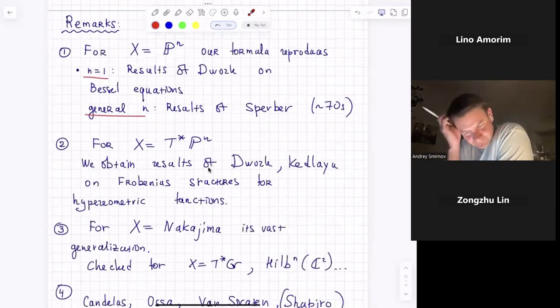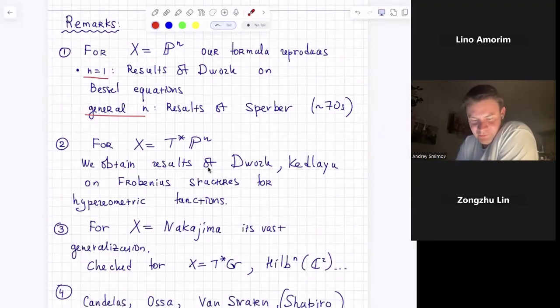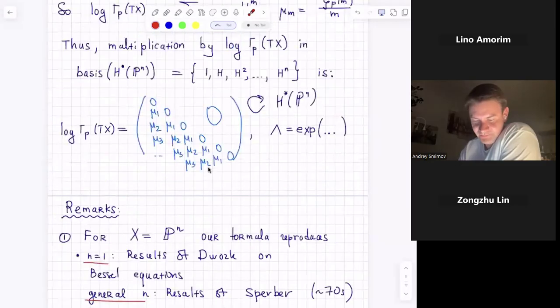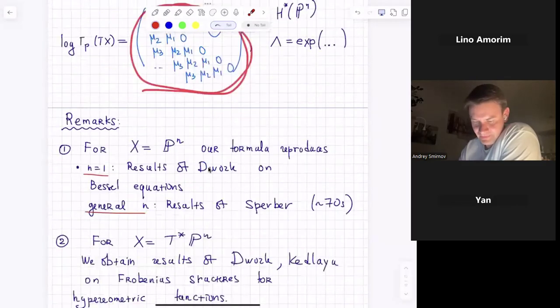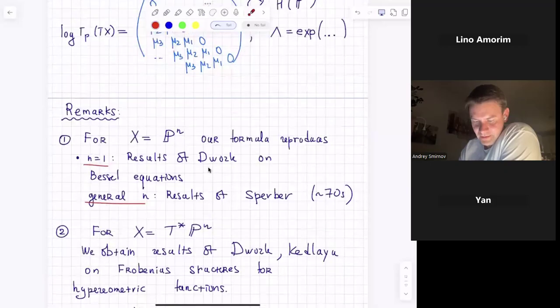Now, some remarks. Historically, quantum differential equations for P^n were considered by Dwork and Sperber. They didn't call them quantum differential equations; they just considered Bessel equations. They invented the Frobenius structures for those equations around 1970. They proved that these Frobenius structures exist, and they even wrote formulas for these matrices, but not in this form. Why did they need Frobenius structures?